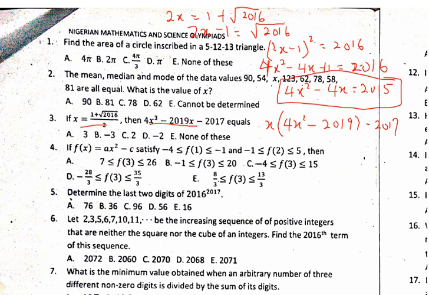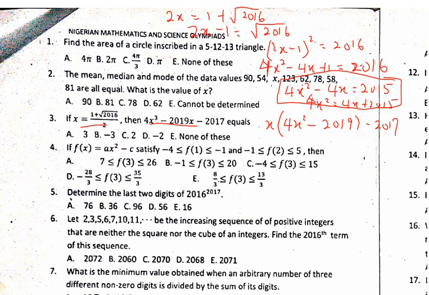Let's find the value of 4x squared from here. We can substitute: 4x squared is equal to 4x plus 2015.